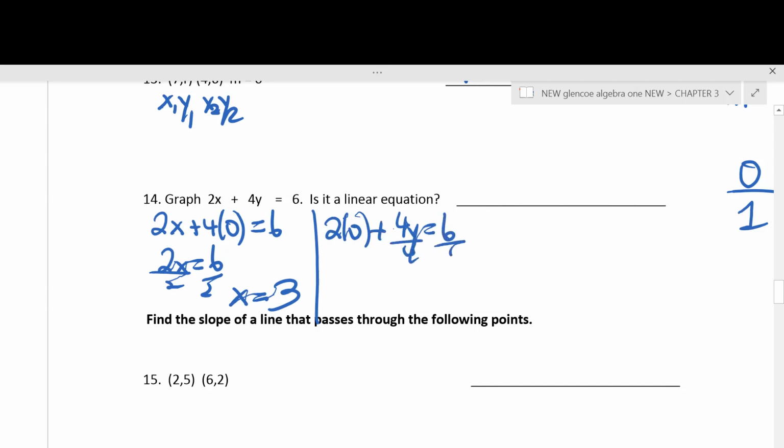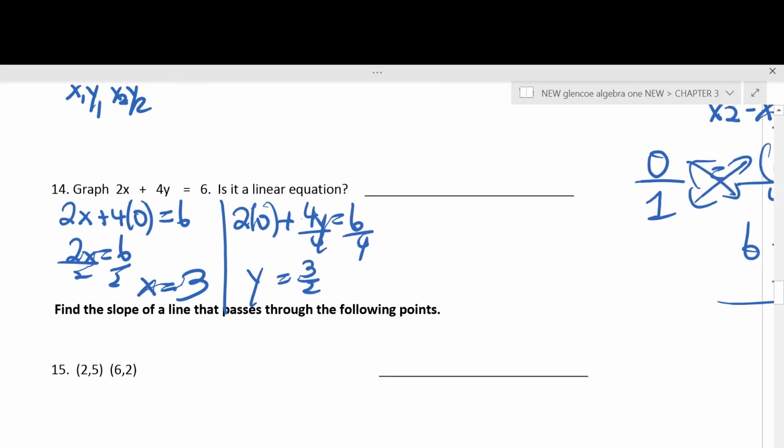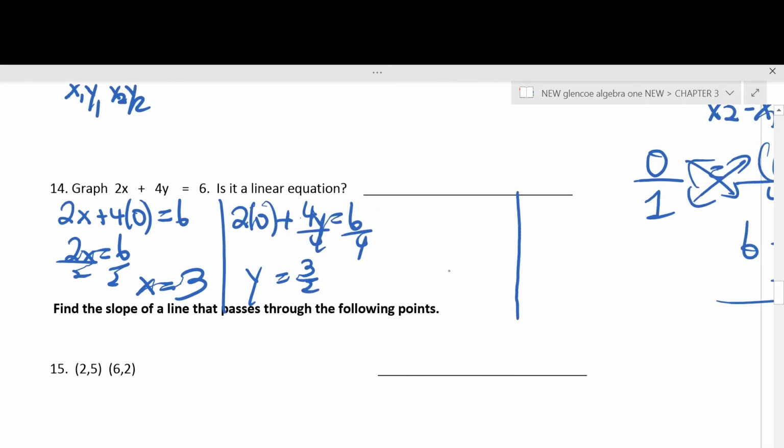Divide each side by 4, and you get y equals 3 over 2. So to graph that, it's going to look like this. The x-intercept is 3. The y-intercept is 1.5, which is between 1 and 2. And there's your graph.